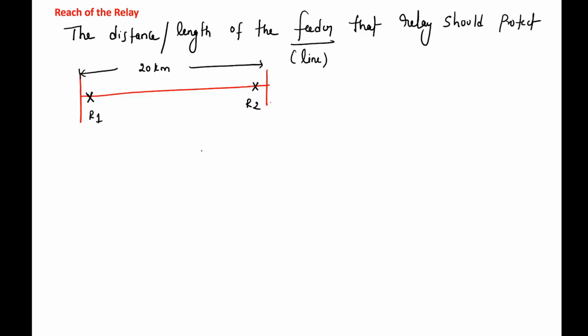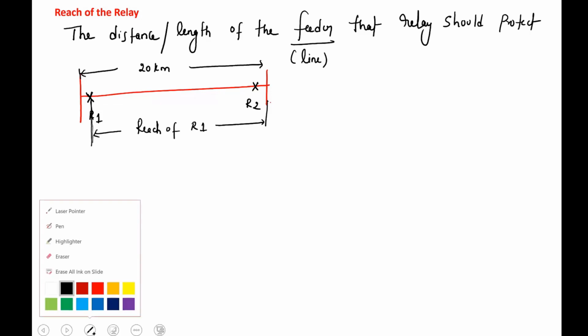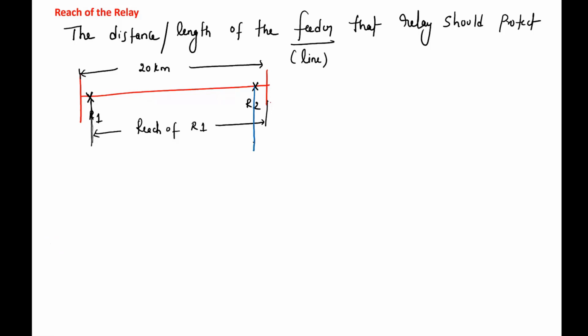If someone asks what is the reach of R1, R1 should be able to protect any fault that occurs from the location of R1 to this end. This is the reach of R1. Similarly, the reach of R2 is from the location of R2 to this end. Are you able to follow?